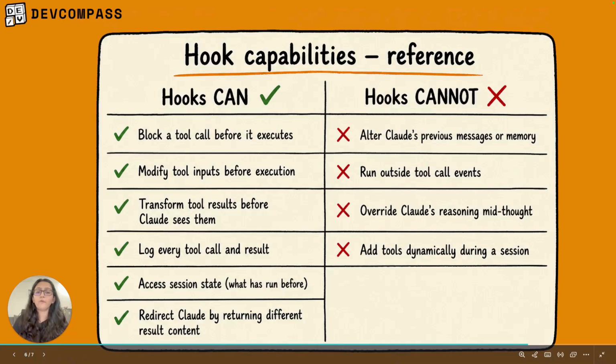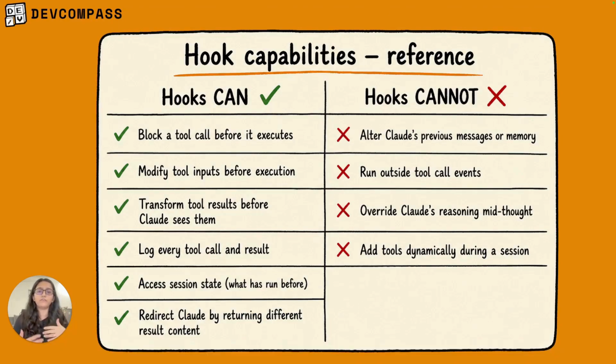Now, before we finish, I want to give you a very clear reference for what hooks can and cannot do, because exam questions will try to trip you up here by describing hooks doing things they're not capable of. Now, look at the left column, what hooks can do. They can block a tool call before it executes, the PreToolUse pattern. They can modify tool inputs before execution, that is changing arguments before the tool even receives them.